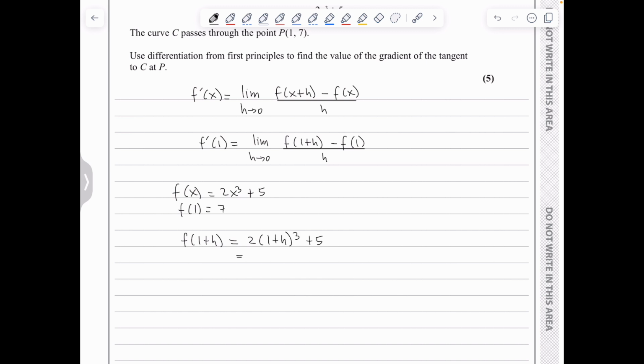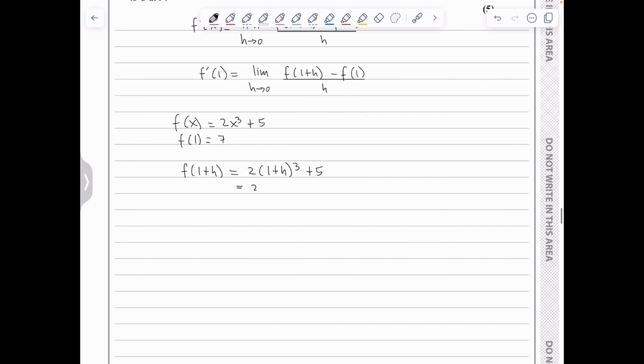I will expand this to give me 2 brackets 1 plus 3h plus 3h squared plus h cubed, close brackets, plus 5, leading to 2 plus 6h plus 6h squared plus 2h cubed plus 5, which is 6h plus 6h squared plus 2h cubed plus 7.